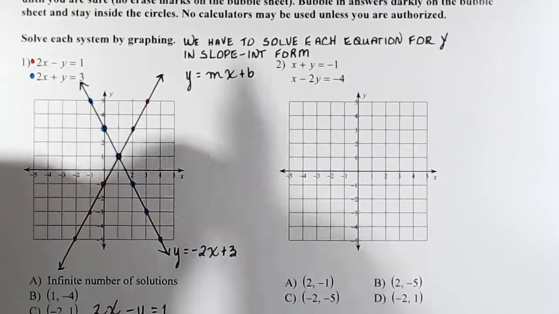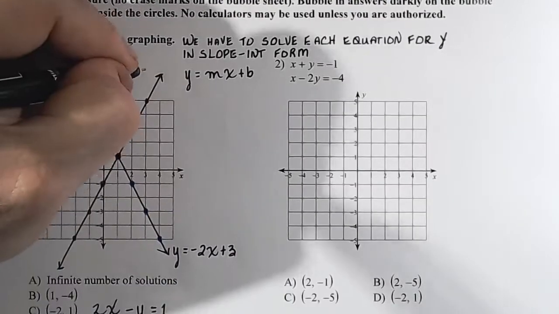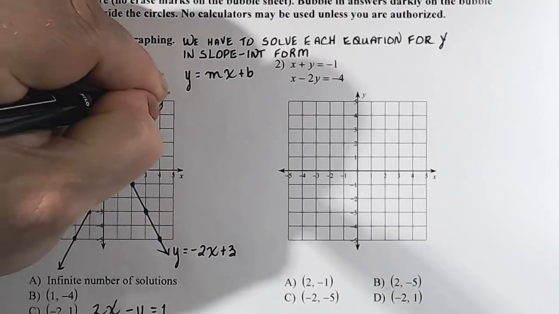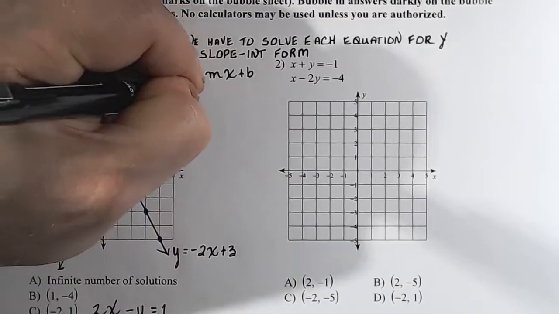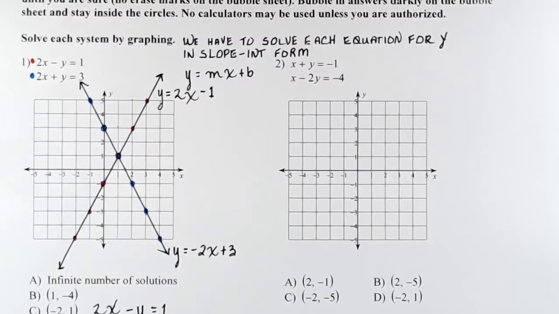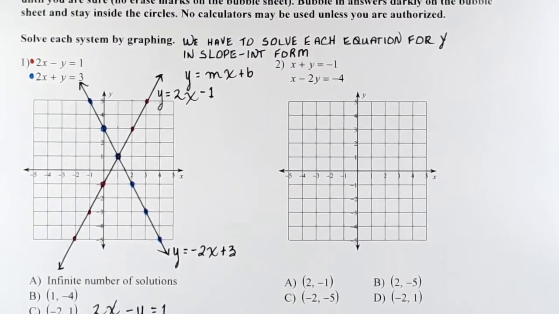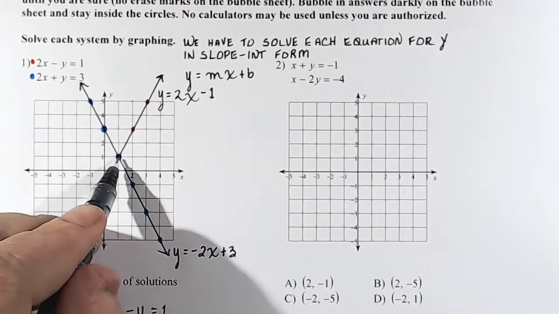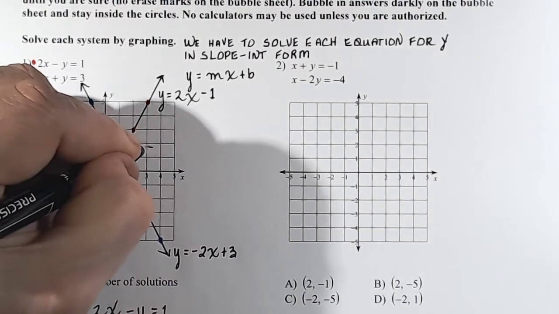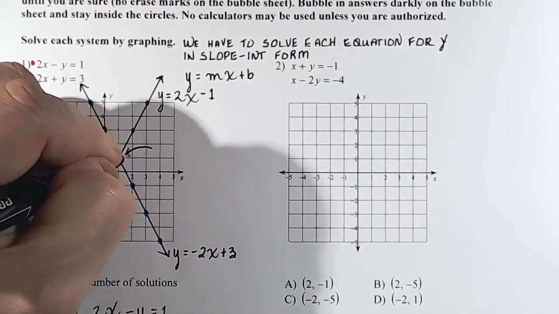But we turn that into y equals 2x minus 1. And now we identify where these lines intersect. Okay, so these lines intersect right here at this point. So what are the coordinates of this point?